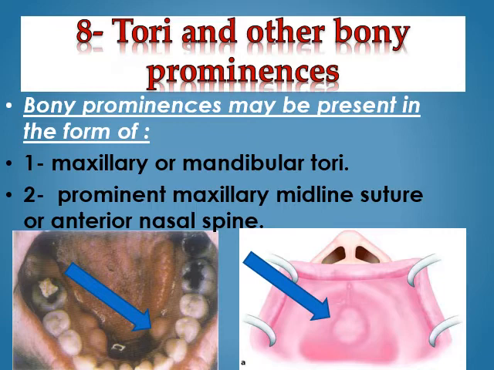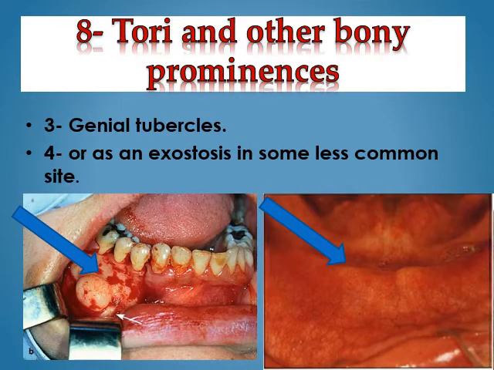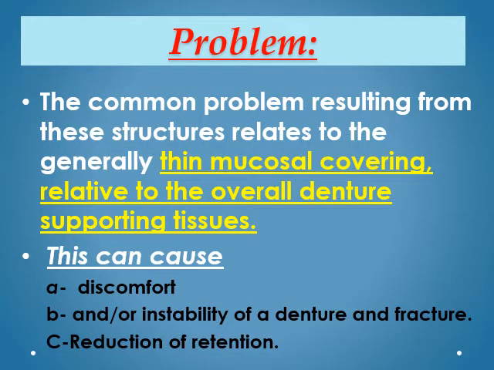Bony prominences may be present in the form of maxillary or mandibular tori, prominent maxillary midline suture or anterior nasal spine, as we can see in the pictures. Genial tubercles or an exostosis in some less common sites. We are always familiar with the genial tubercles, torus palatinus and torus mandibularis, but they may appear in other places.